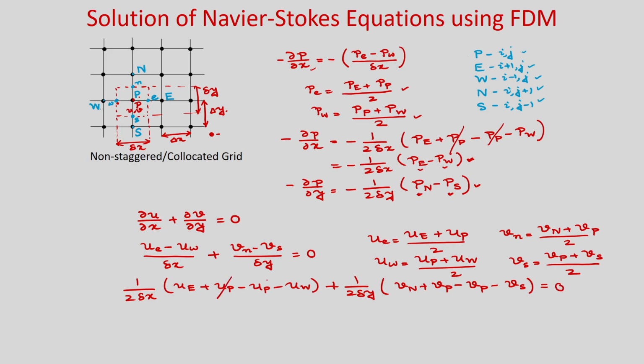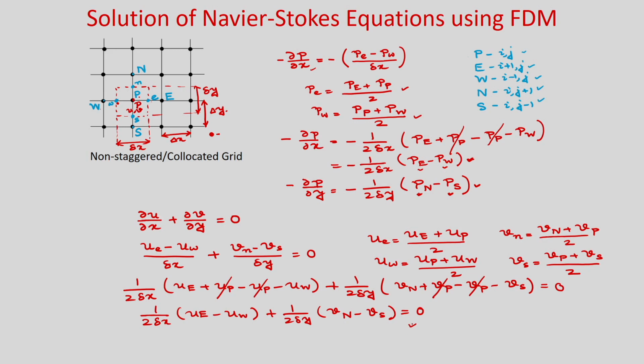You can see these will get cancelled, then you are going to get (u E minus u W) by 2 delta x plus (v N minus v S) by 2 delta y is equal to 0.